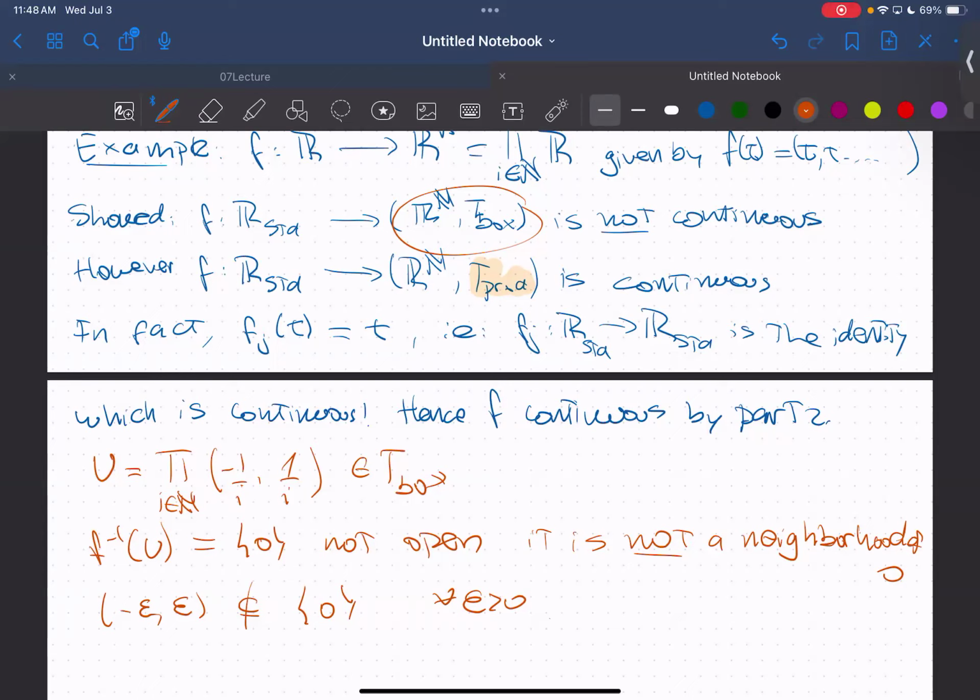So singletons are not open in the reals. For each point, you need an open interval. Are we okay? So that's the reason why this function is not continuous with the box topology.